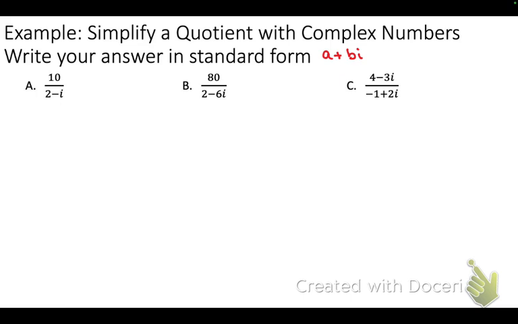I cannot have an imaginary number in the denominator. So I need to multiply by the denominator's conjugate. And if I multiply the bottom, I have to multiply the top, or the denominator and the numerator. Let's use big kid words, right? So what is the conjugate of 2 minus i? 2 plus i. And 2 plus i.